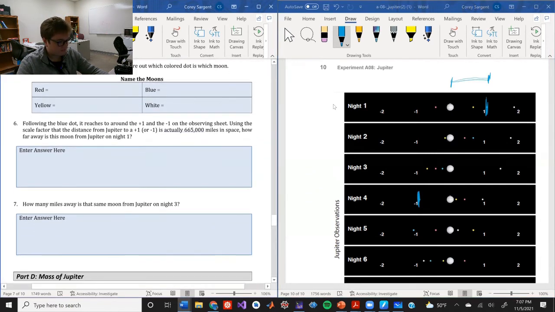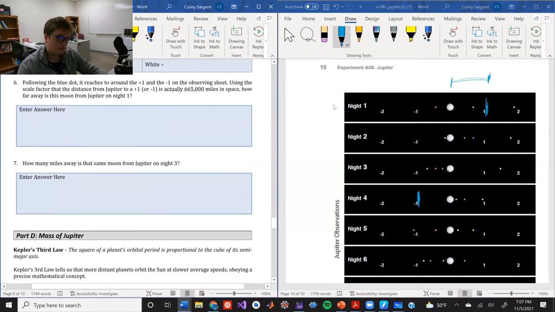Now question 7 is a little bit tricky. It says, how many miles away is that same moon on night 3? Well, the wrong answer is to try and say that this is some fraction, and that this is the distance you want. That is the incorrect answer.